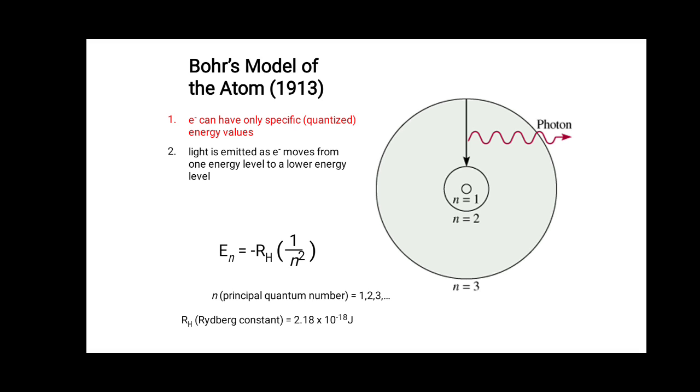In Bohr's model of the atom, with the n1 and n2 energy levels, when an electron is excited due to absorption of energy, since excitation is a temporary state, the electron comes back to its original position.